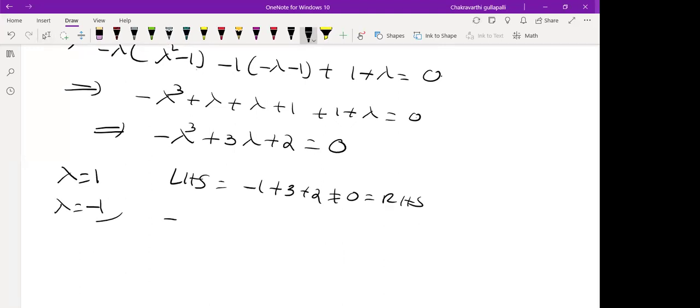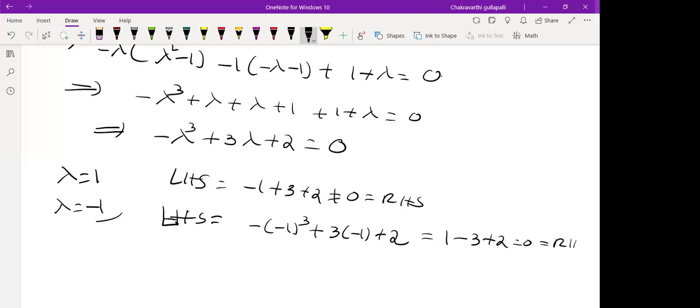Taking minus 1 in LHS: minus (minus 1) whole cube, 3 into minus 1, plus 2. Minus 1 cube is minus 1, minus into minus plus 1. You are getting 0, which is the RHS. Therefore, lambda equal to minus 1 is a root. That root is called an eigenvalue.